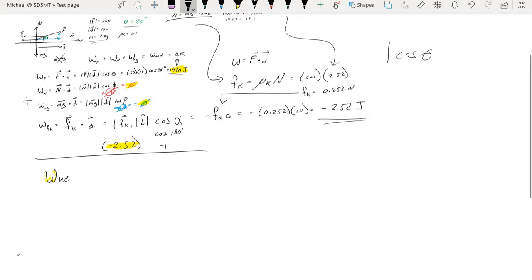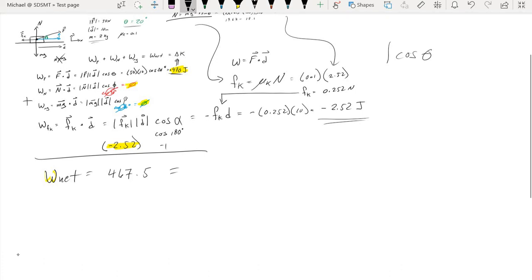And that will give us the net work. 470 plus 0 minus 2.52 makes for 467.5. Roughly, I'm just rounding that.